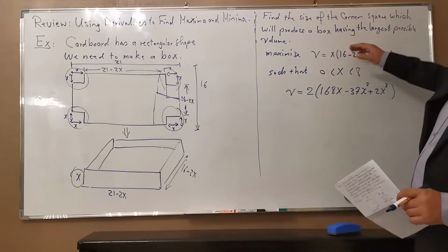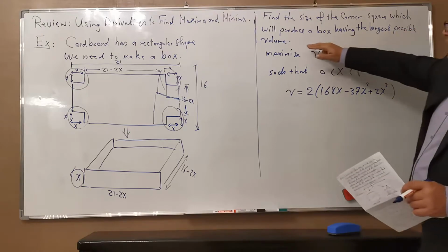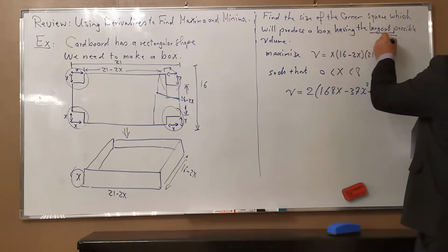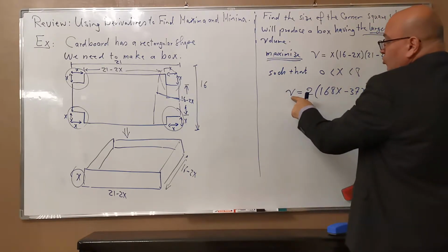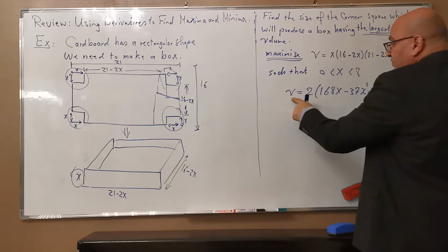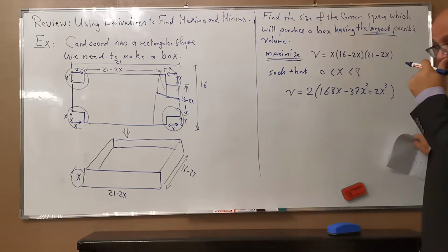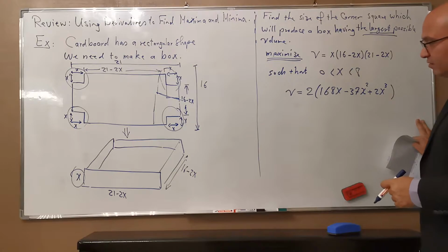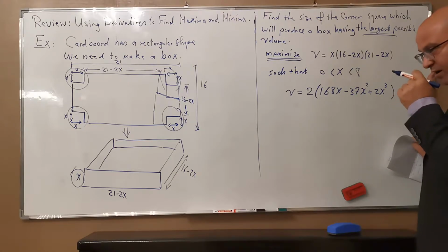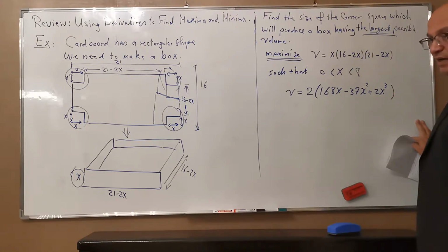To get the largest possible value, we need the maximum. Maximum means that we have to differentiate, find the critical points, then find the second derivative, and make sure that you have a negative sign when you apply the critical point at the second order derivative.